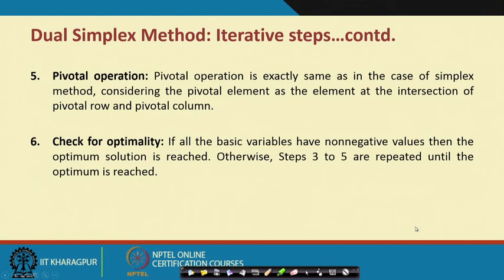The key operation is exactly the same as in the simplex mechanism. In the primal case, there is an incoming vector and an outgoing vector, and the key element will be in unit matrix format, and accordingly we change the ordering and look for optimality.